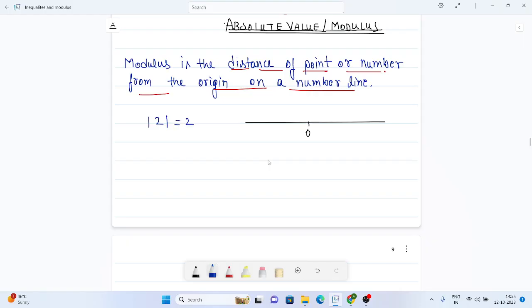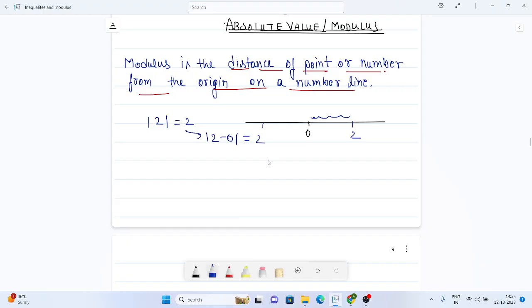It gives 2 because this is 2 units away from the origin, means what I have to write is 2 minus 0, which is 2.